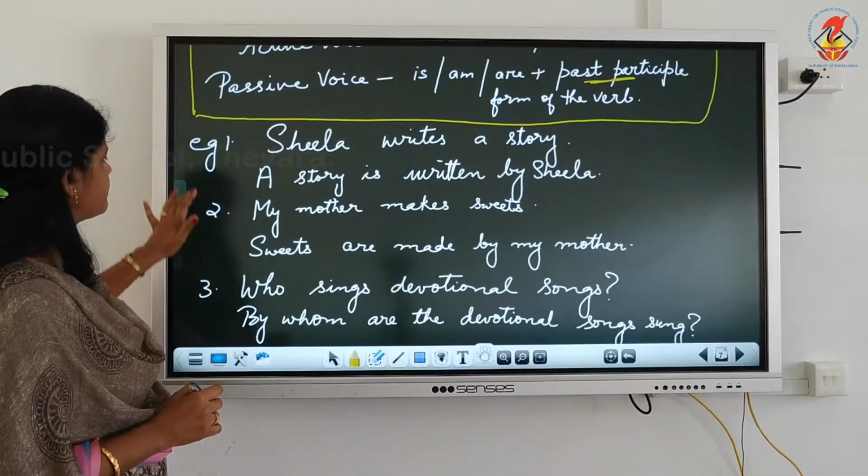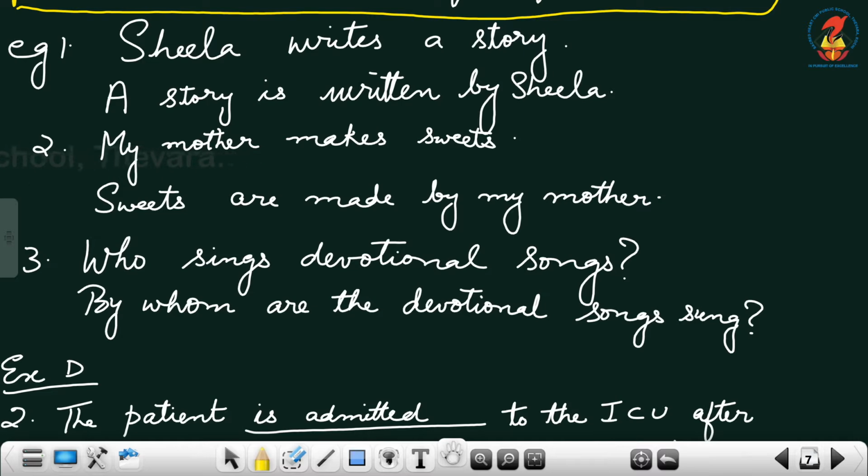The first example is, Sheila writes a story. I told you the verb and the subject should agree. Subject-verb agreement is very important in active and passive voice. So Sheila is the subject and she writes, singular, Sheila is one person. So she writes a story.